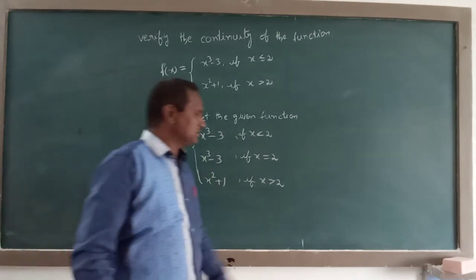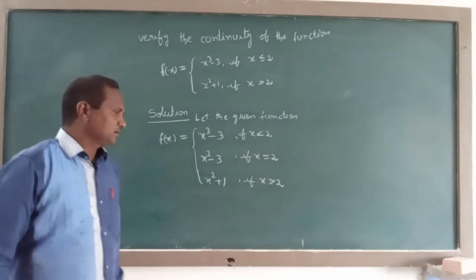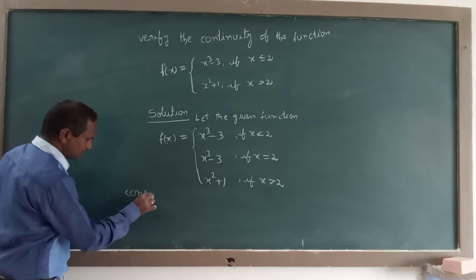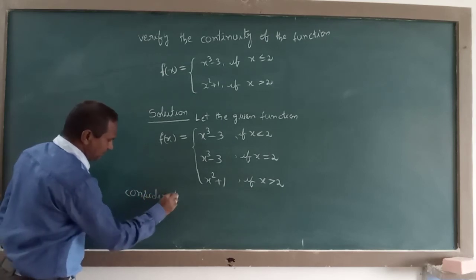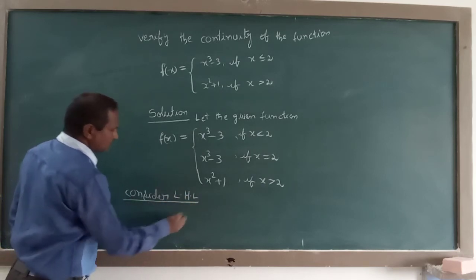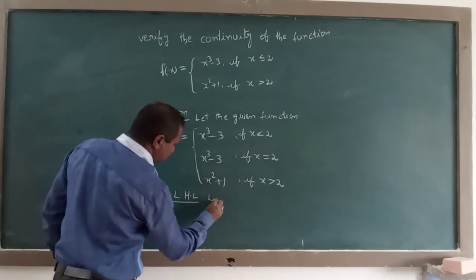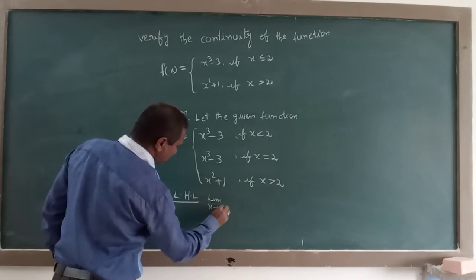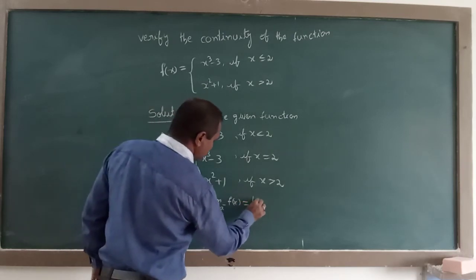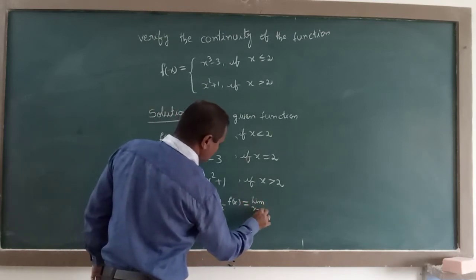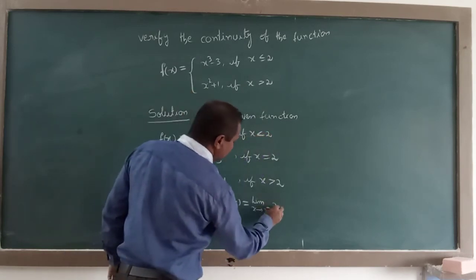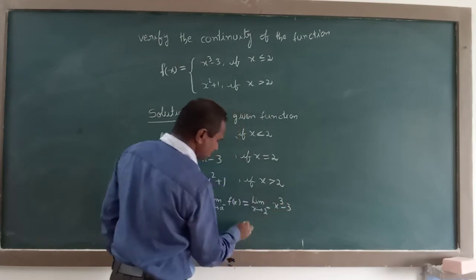Now we are going to find the values for LHL and RHL. Consider the left hand limit first: limit as x tends to 2 minus of f of x. Corresponding to the less than symbol, we must select x cube minus 3.